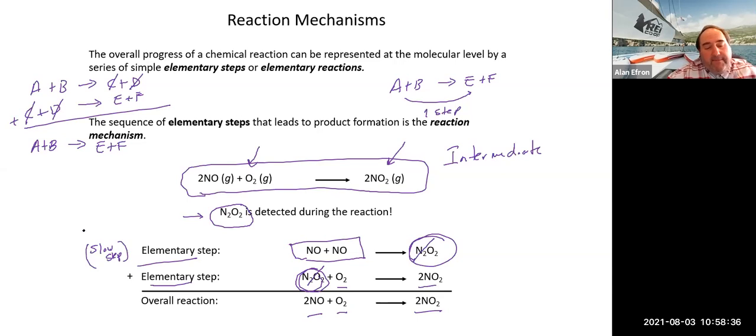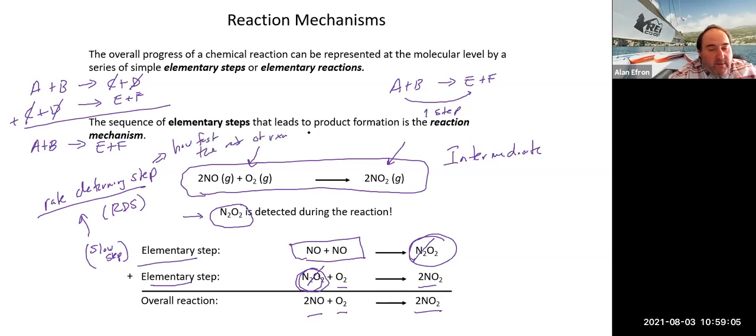And the slow step in the mechanism is what is known as the rate determining step, sometimes referred to as the RDS. The rate determining step is the slowest step in the mechanism, and it is the one that determines how fast the rate of the reaction will occur.